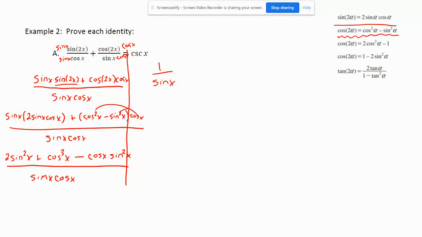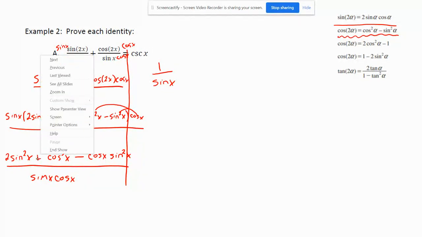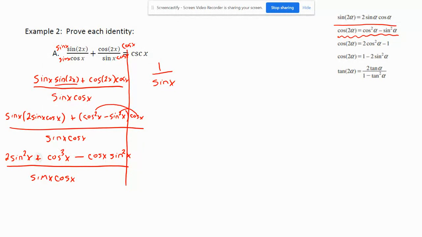Guys, I made a mistake. There should be no plus here. This one over here was this minus this times this, so there's only one term over here. So this should be 2 sine cubed x. No, sorry, 2 sine squared x times cos x.